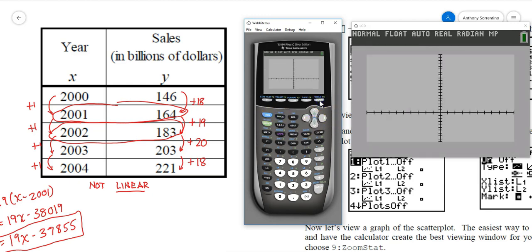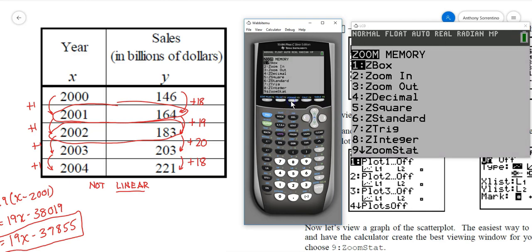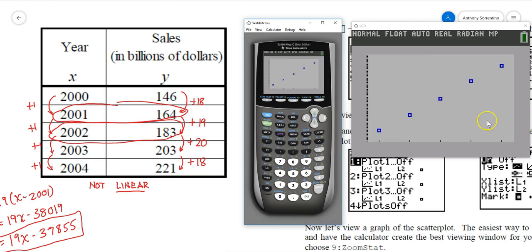If I hit graph, I may not see anything, so I'm going to hit zoom, and I'm going to choose 9 for zoom stat. And I can see here that this is the plot of my data. It adjusted my X and Y axis so I could see all the data here. You don't see much of an axis here because it's pretty high up.